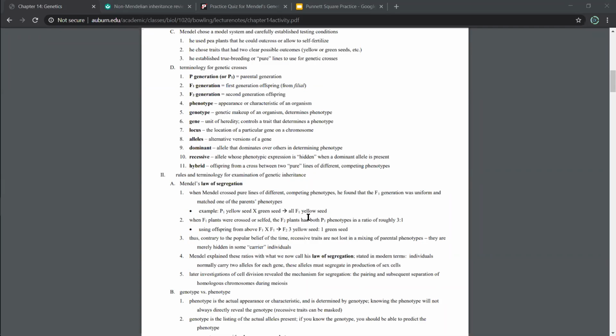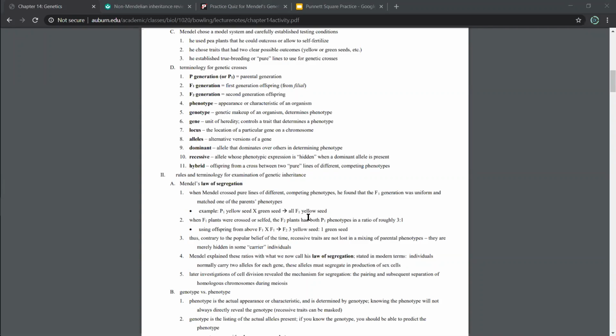So next two terms, dominant and recessive. A dominant allele is an allele that dominates over others. Continuing with our blue eye, brown eye example, let's say the eye color gene has two alleles, blue eyes and brown eyes. If the brown allele is dominant, that means that if you have a single copy of that dominant brown allele, you will have brown eyes.